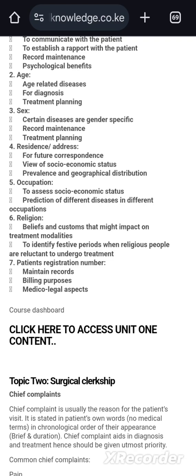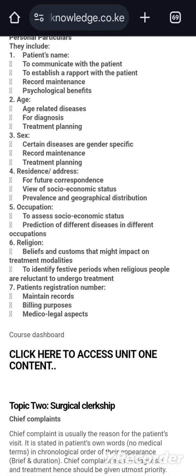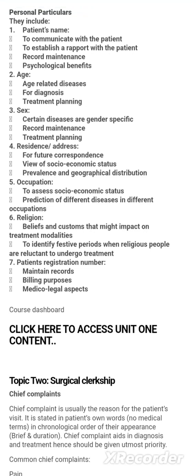We know nosocomial infection, the infection that comes along with the residents in the hospital, acquisition of bacteria from other people who are sick, malaria from mosquitoes which are living within the ward. So occupation is definitely to give us or to rule in the diagnosis and the probability of different diseases in different occupations.